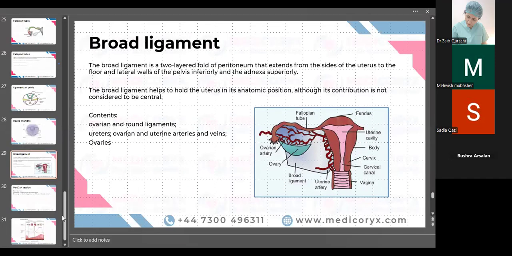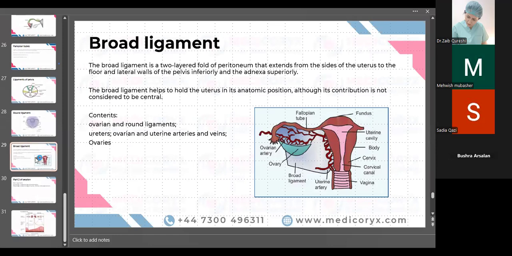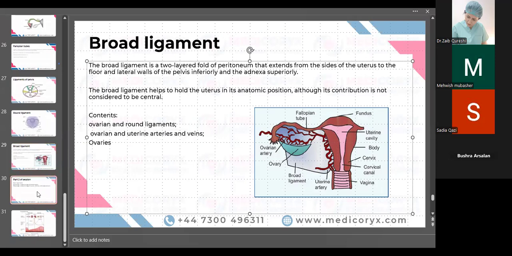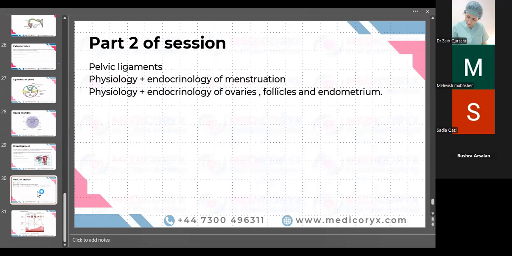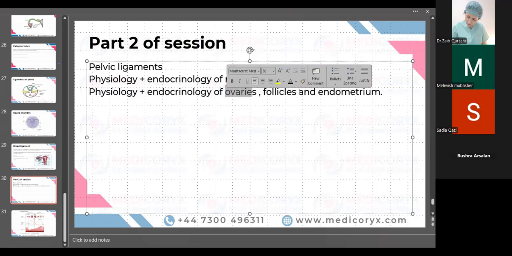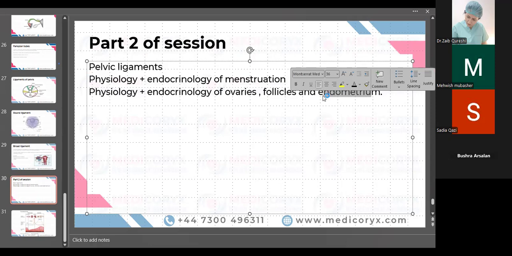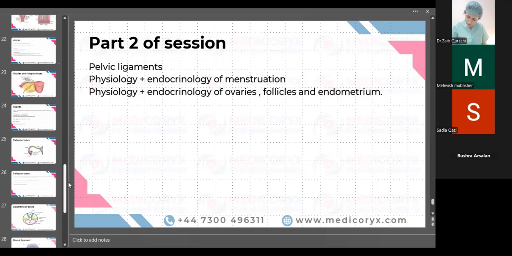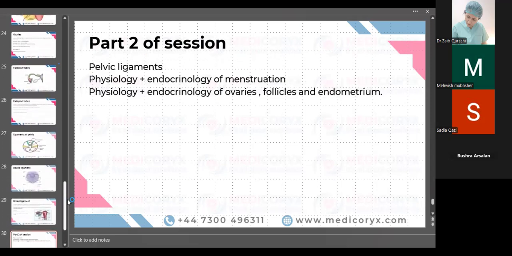So guys, this is all about today's session. It's corrected now. In part 2 of the session, we will read the details of the pelvic ligament. We will also read the physiology and endocrinology of menstruation, and the physiology and endocrinology of the ovaries, the follicles and the endometrium. So keep in mind that you have to remember everything we have studied today, and we will use this knowledge in part 2 of the session.